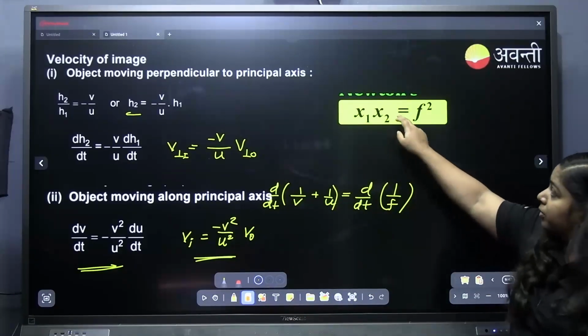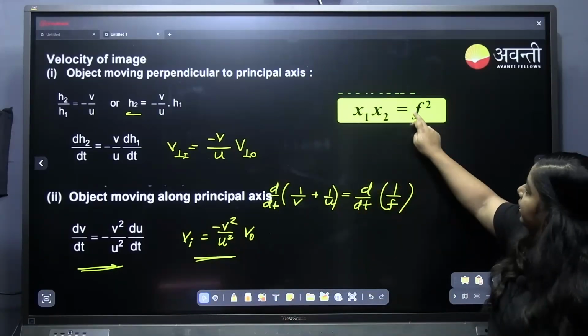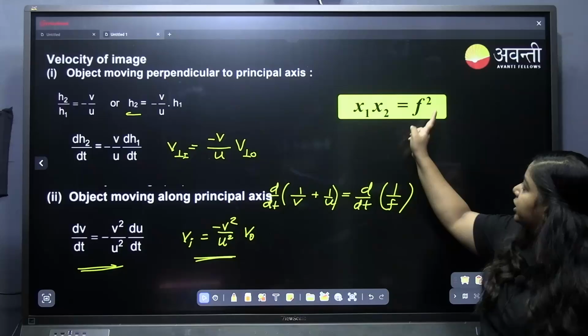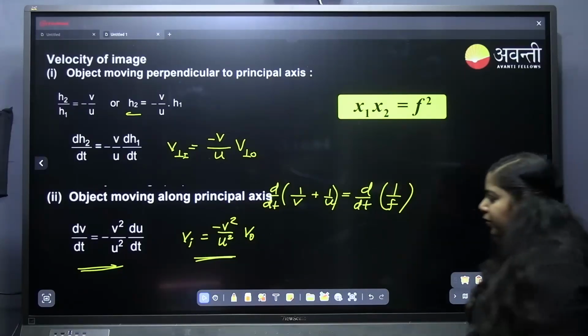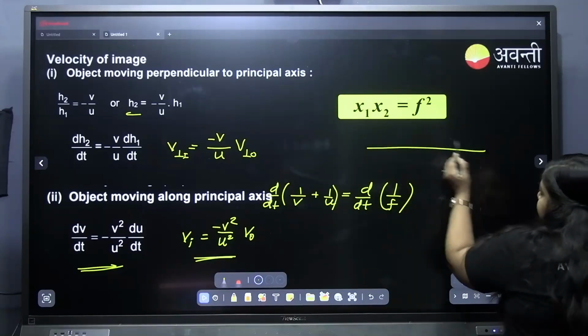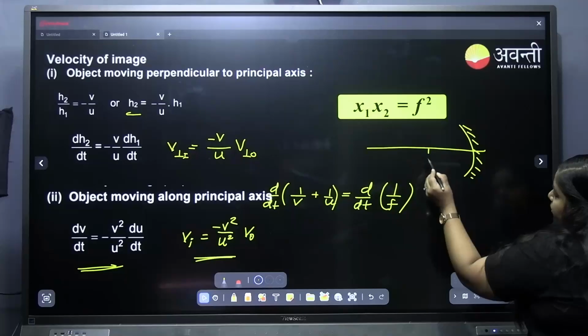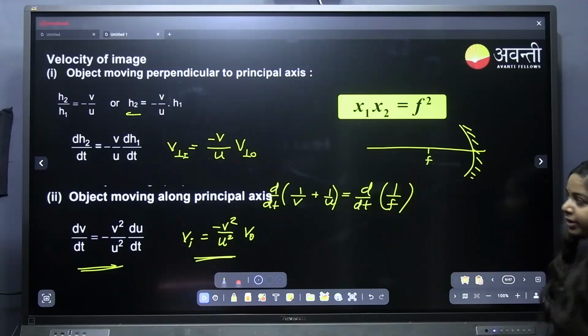Next, an extra formula you can see here: x1 x2 is equal to f square. What is this formula? Let's say this is the spherical mirror, and this point is the focus f.